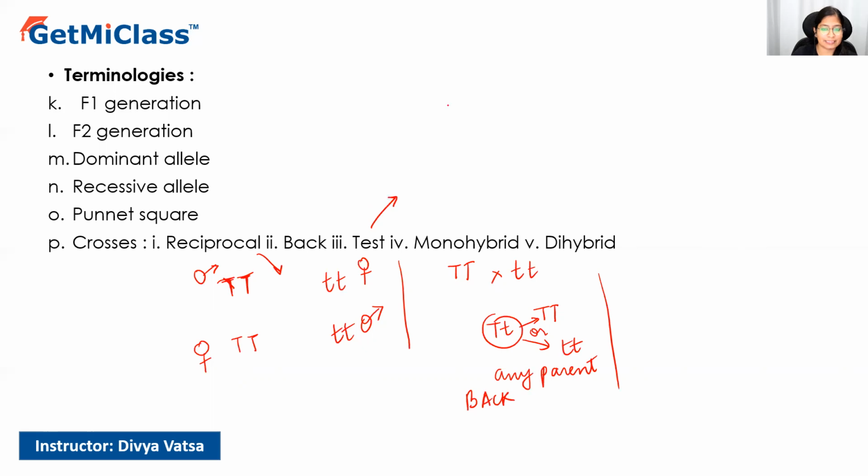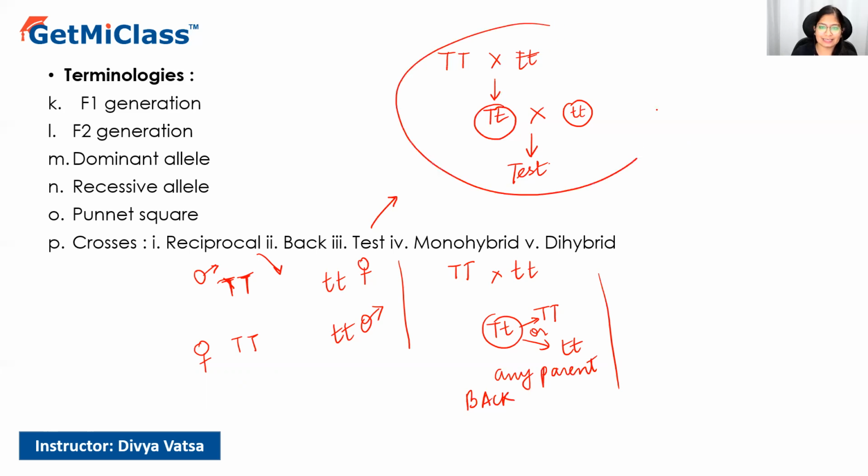Now, talking about the test cross, if we have the F1 generation capital T small t, and this capital T small t is fused with the homozygous recessive parent, only the homozygous recessive parent, then this type of cross will be called the test cross. Yes?